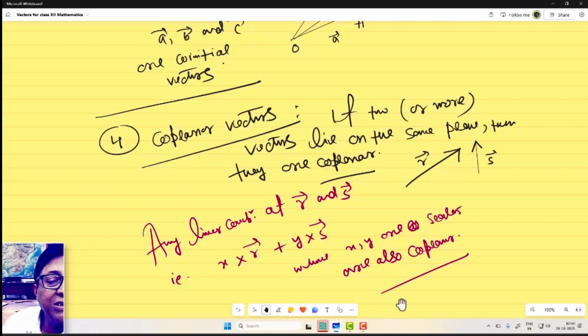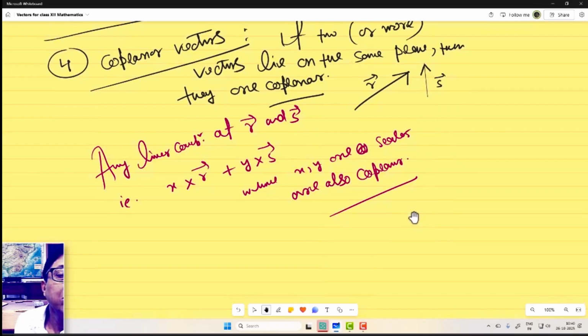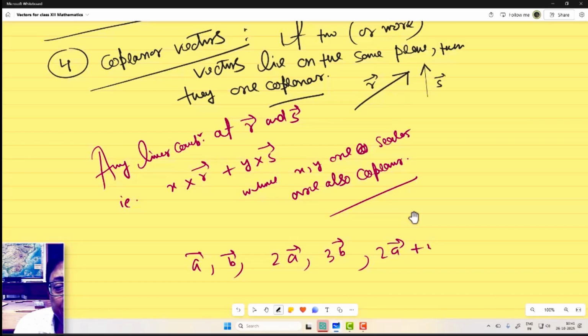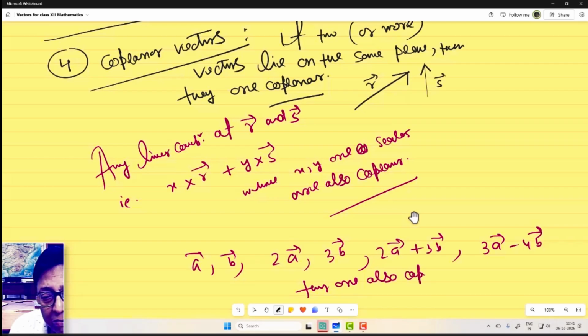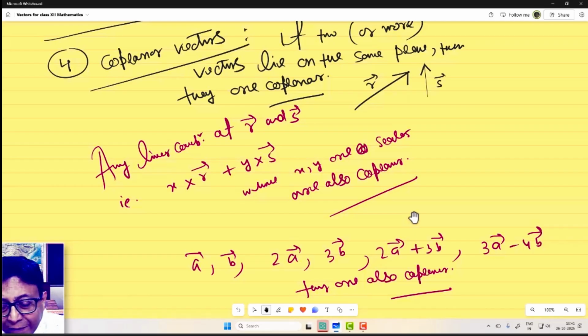They lie on the same plane. So three vectors A, B, 2A, 3B, even 2A plus 3B, 3A minus 4B, they are also coplanar. They lie on the same plane. Hope you understand the concept of coplanar vectors also.